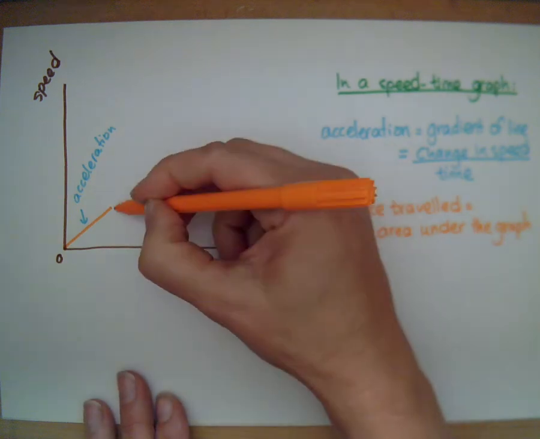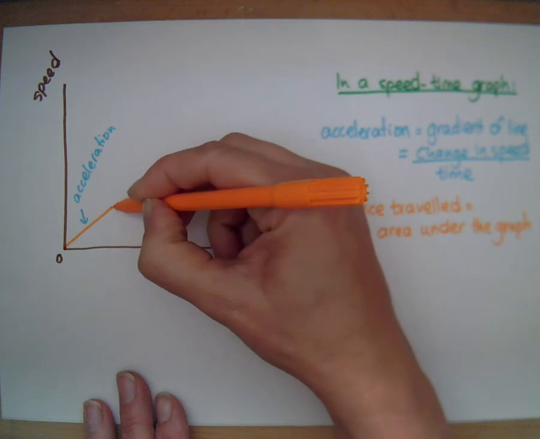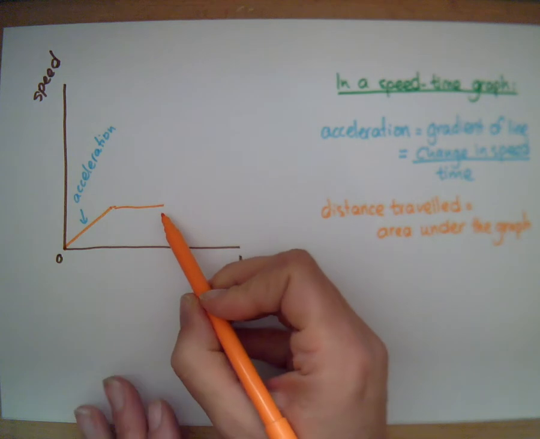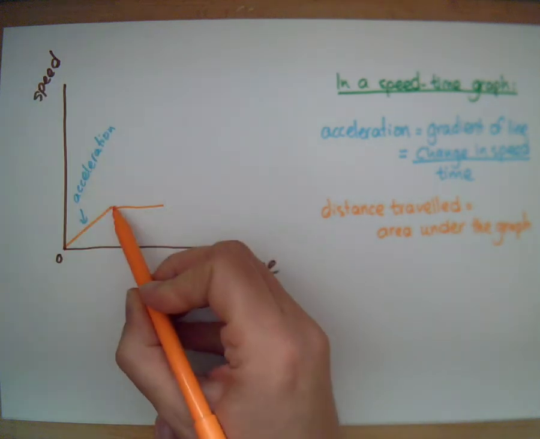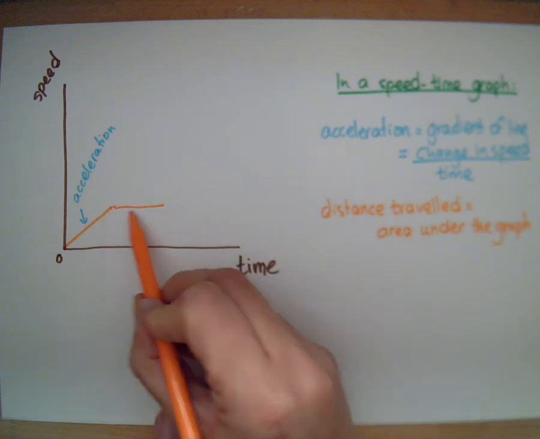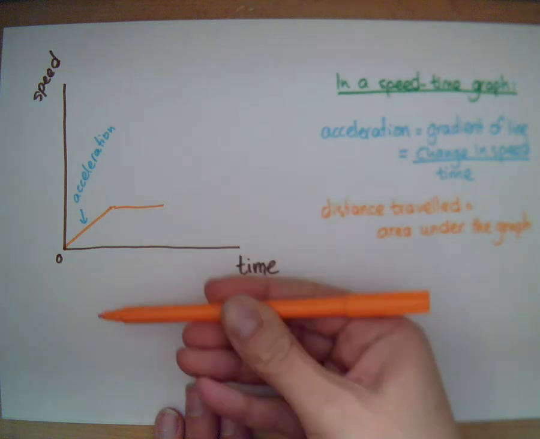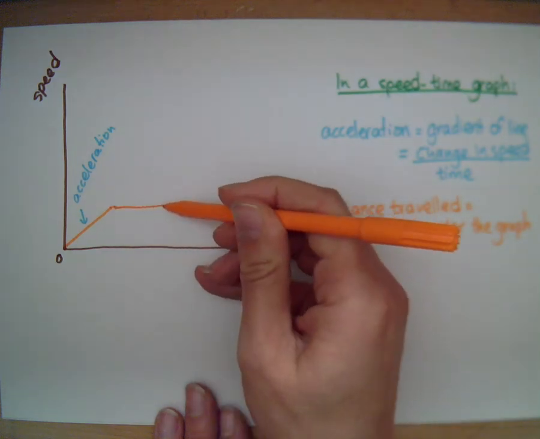Then I do this for a while. What does that mean? If this was a distance time graph, this would mean that I'm not moving, that I'm taking a break. But in this speed graph, time is passing, but the speed is neither increasing nor decreasing. That just means I'm traveling at a constant speed.